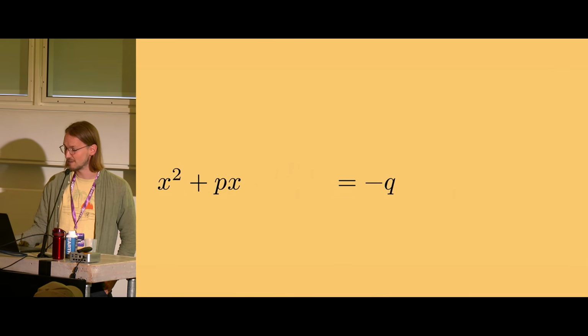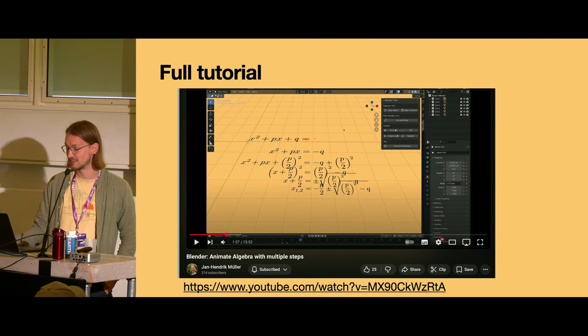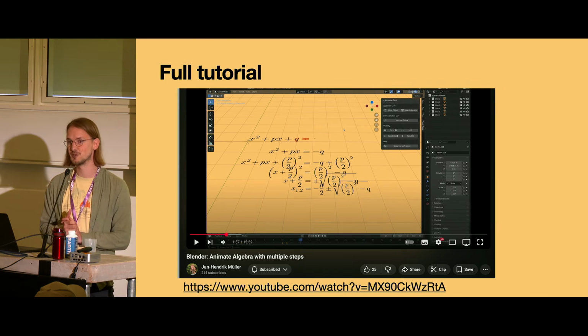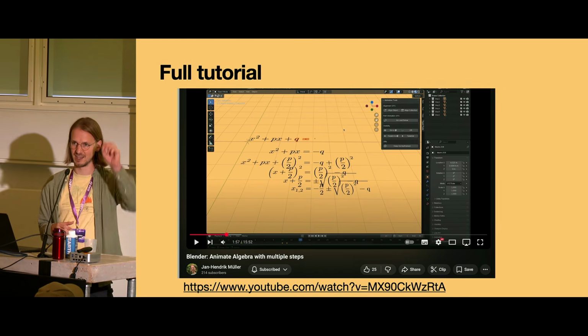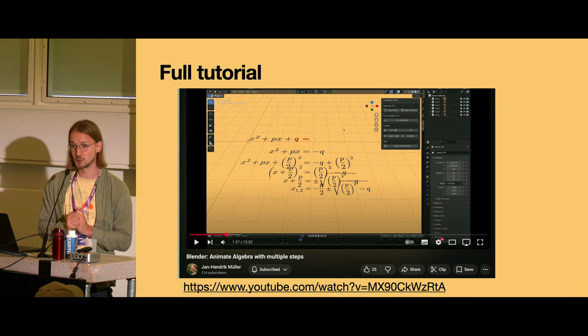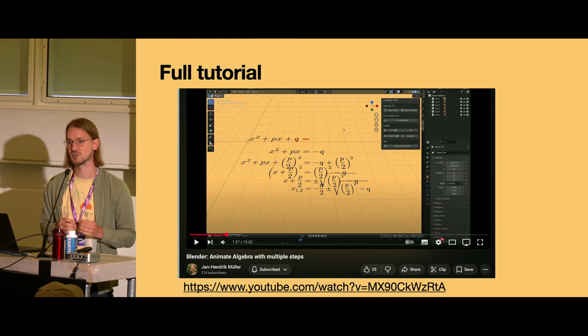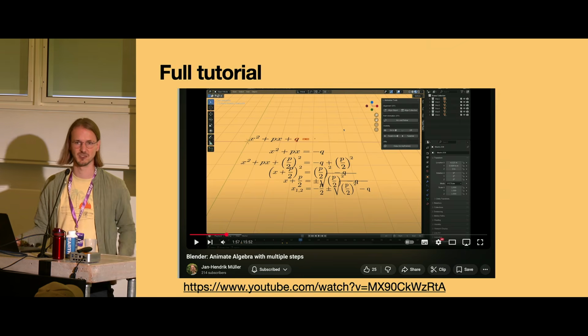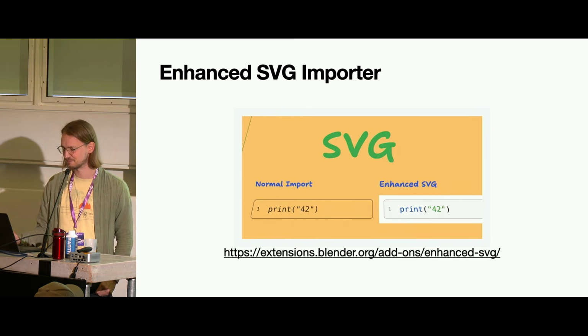If you want to learn more about how to create an animation like this, I've also a full YouTube tutorial on how to align all these elements. There's even a small tool with operators to make the alignment and the follow the curve process as easy as possible. So this animation takes about 15 minutes to create.